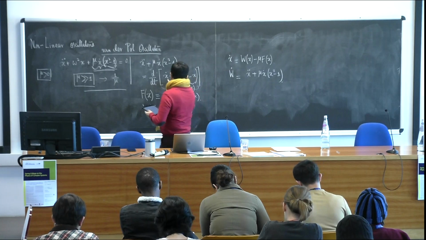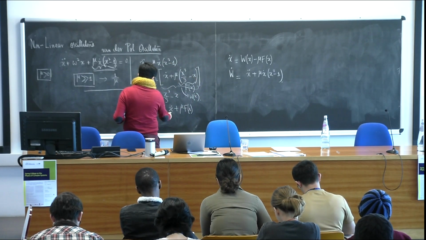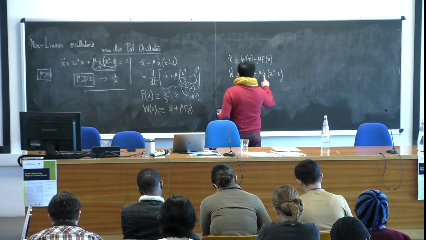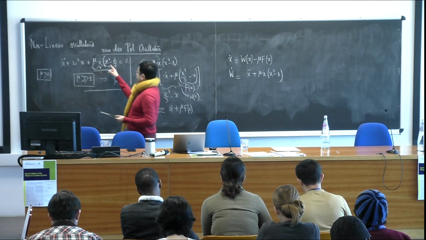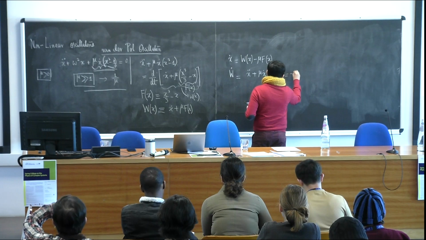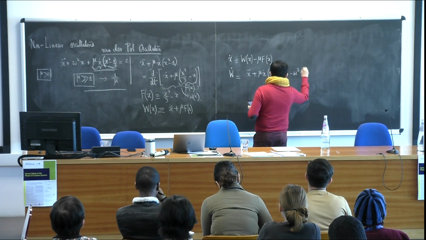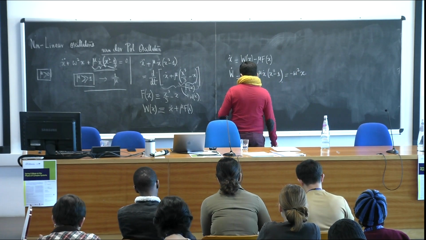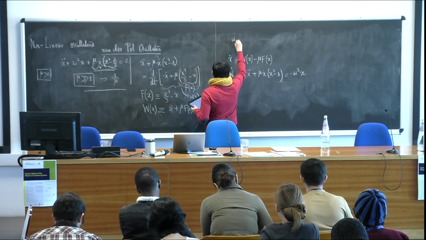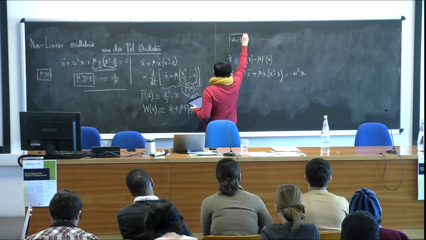Right? If I just take the time derivative, I'll get this. But x double dot plus mu x dot times x square minus 1 is nothing but minus omega square x. Okay, just for simplicity, I'll take this omega to be 1 without loss of generality.